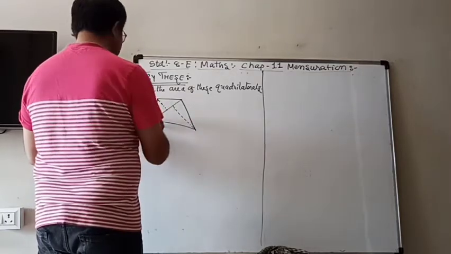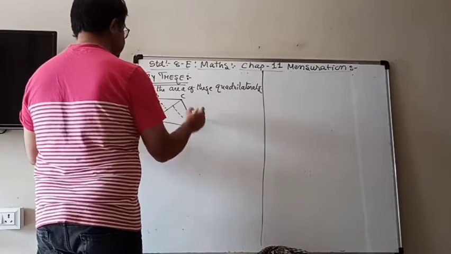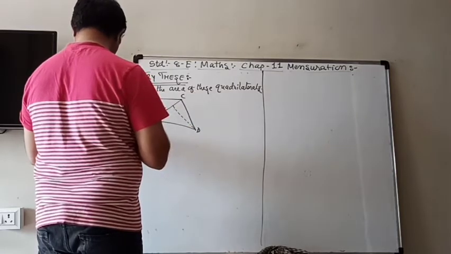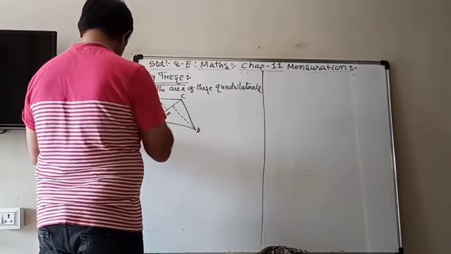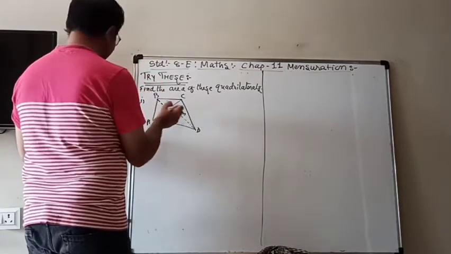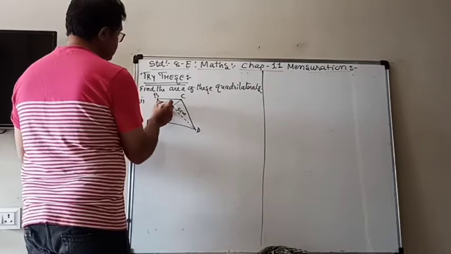Here A, B, C, D. This is 6 centimeter, 5 centimeter and 3 centimeter.